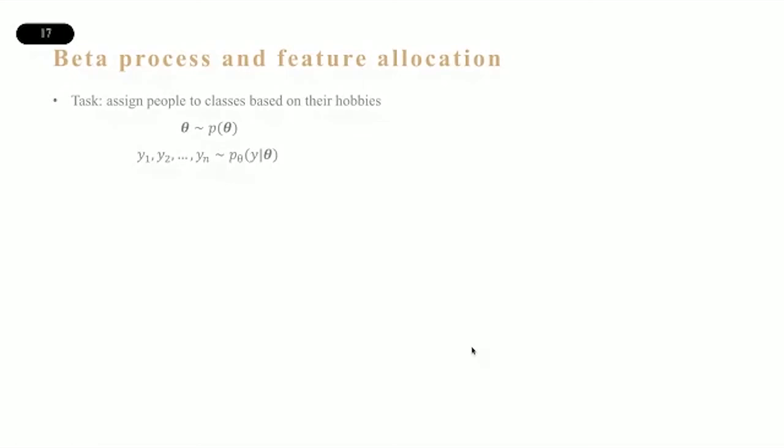The difference now is that while before I was assigning people to clusters, which were non-overlapping, here assigning people to hobbies can result in overlapping assignment. In other words, people can belong to more than one class at the same time, because people can have more than one hobby. For example, I like yoga and I go climbing at the same time. So these are two classes that I belong to.